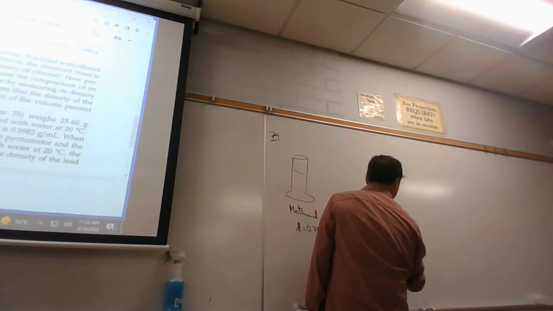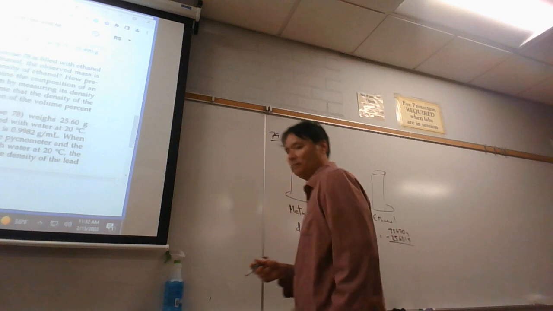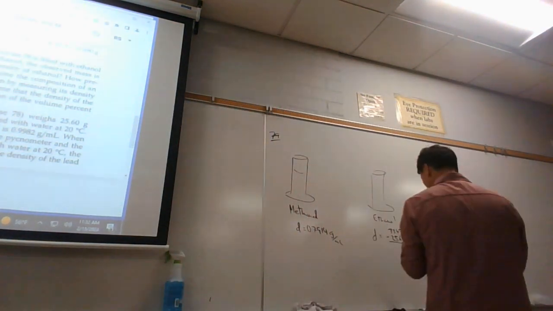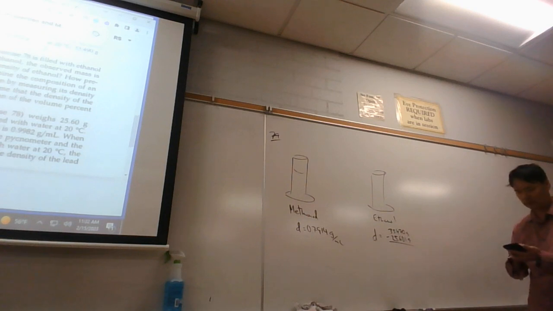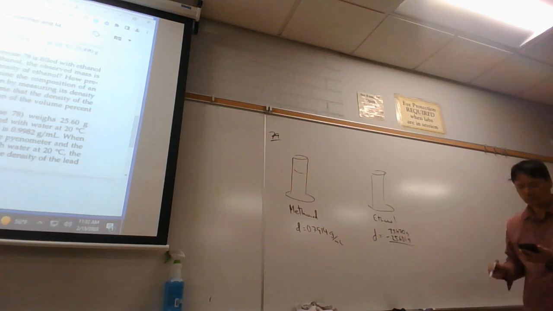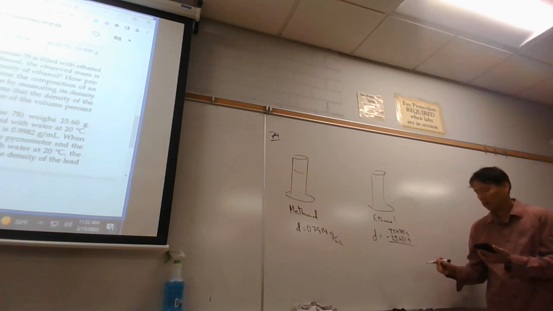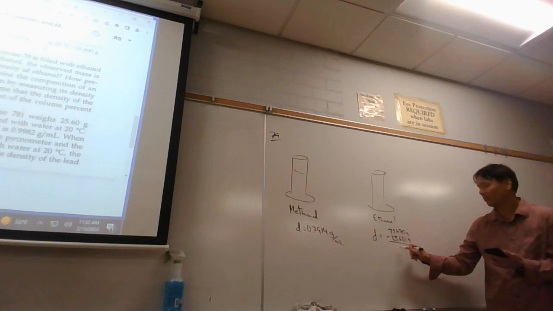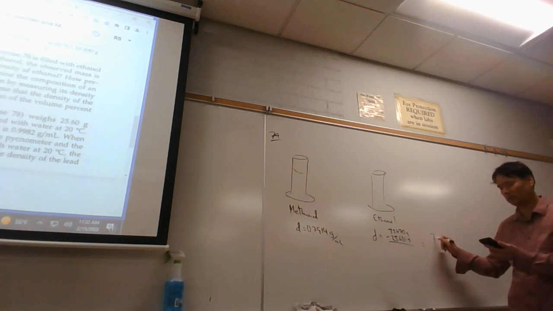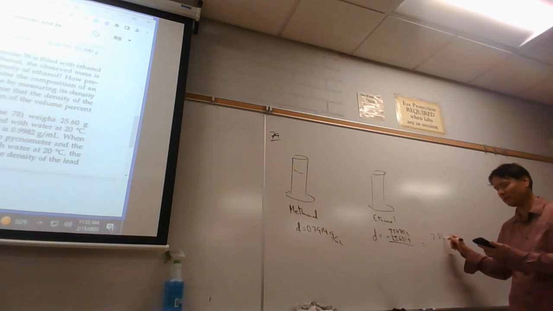And that's going to give us a mass of what? So 33.47 minus 25.601, divided by the volume. What was the volume of the pycnometer again? So this comes out to 7.869.